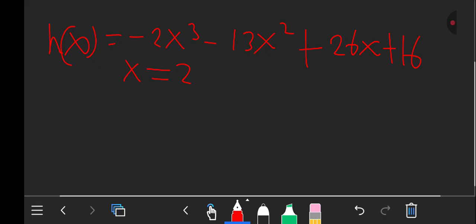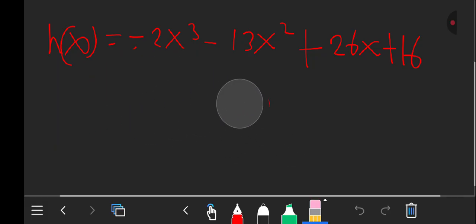To get the factor, you move this x to the other side, so it will be x minus 2 equal to 0. So x minus 2 is the factor which makes this polynomial equal to 0.